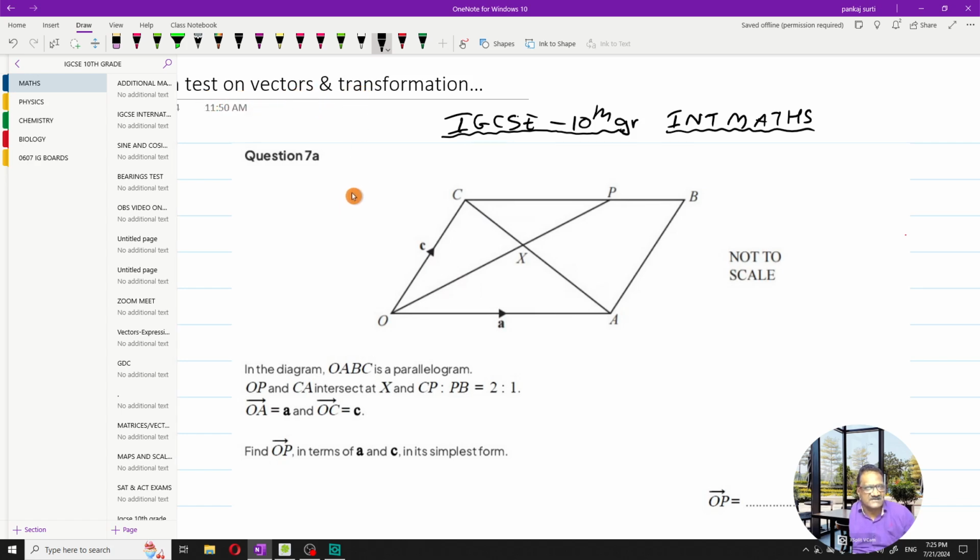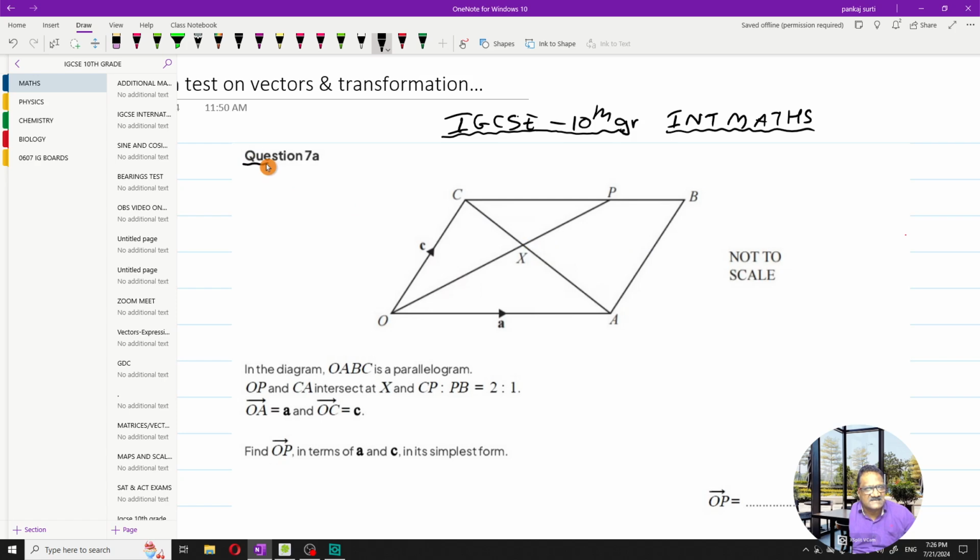A couple of questions I've taken each from vectors and transformation, and these are from the past papers, of course. So these questions will make you understand how to write the answers in the examination precisely. When the paper comes in front of you in the examination, the questions will be like this, as you can see on the screen. So let us get started with this test.